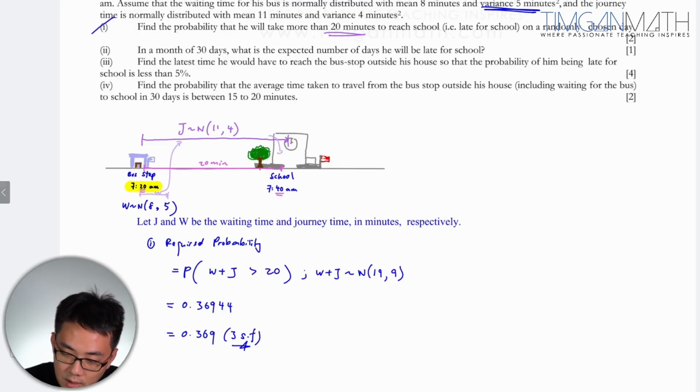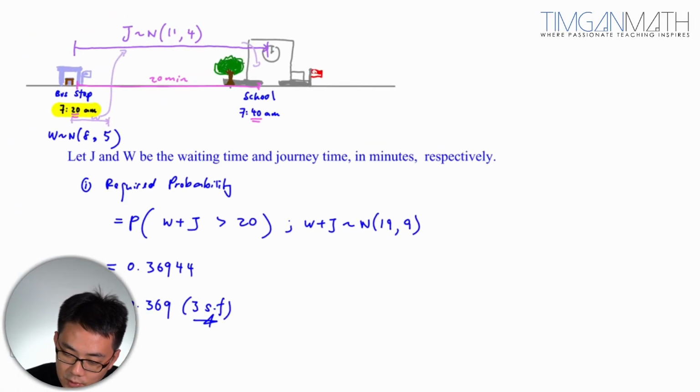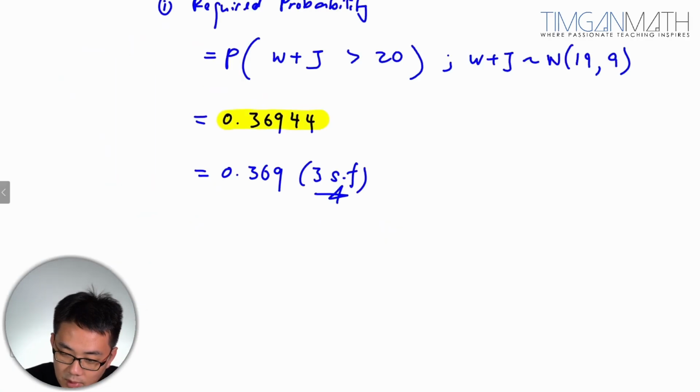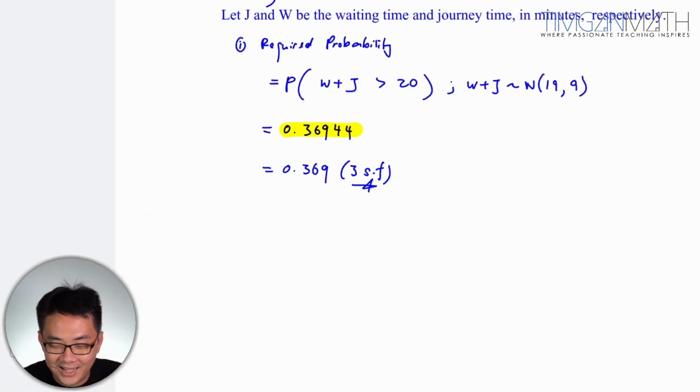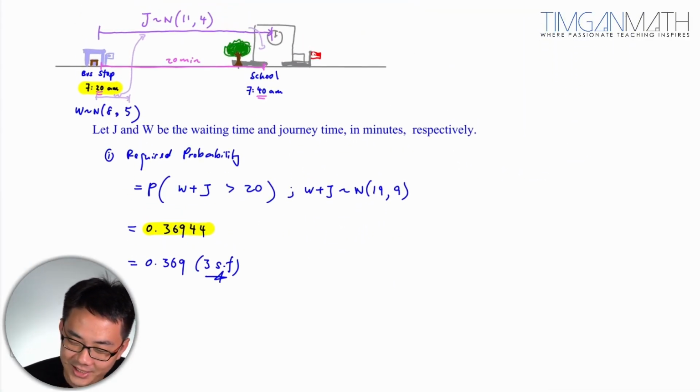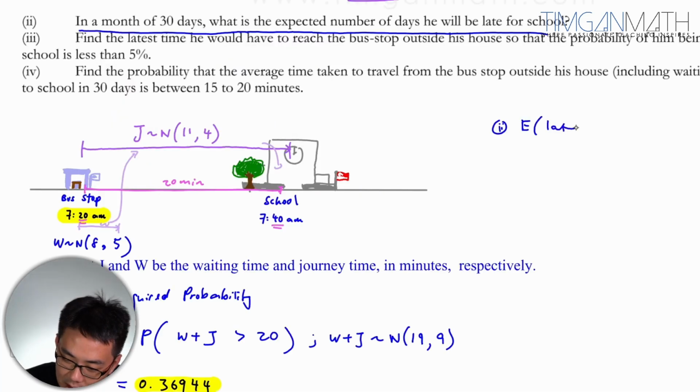Second one is, in 30 days, what is the expected number of days that he'll be late for school? Because if this is 1 day, every 1 day he will be 36.9% late. Goodness, this is such a bad boy. So this is screwed, man. This student is bad. Okay, so in 30 days, the expected number late will just be n times p, which is just 30 times 0.36944.